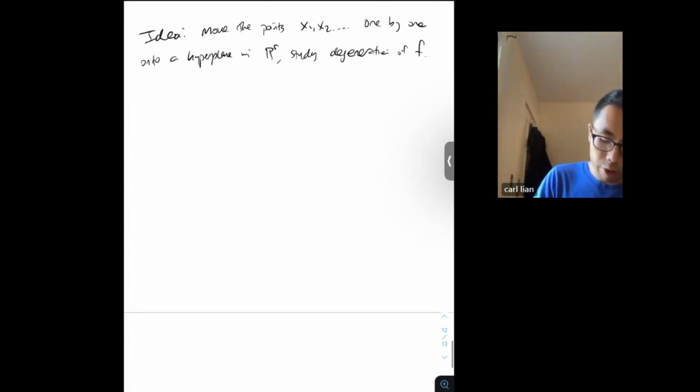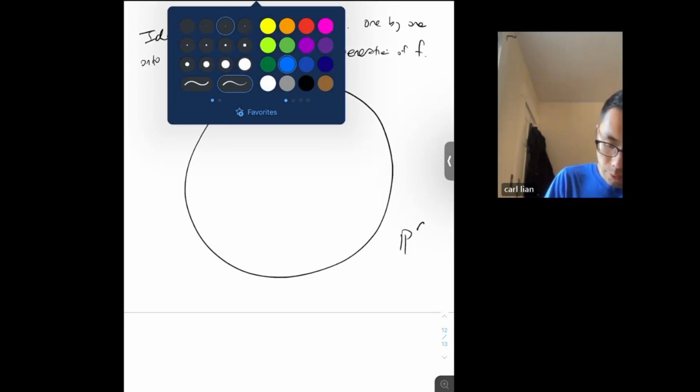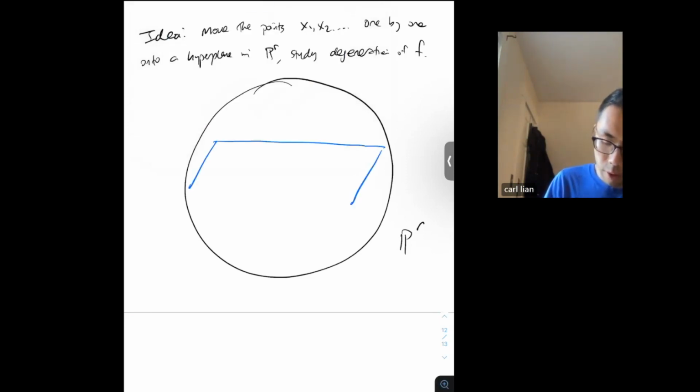So the picture is as follows. Maybe here's PR, and I'm going to fix some hyperplane. It's going to be my H. So H is, of course, isomorphic to PR minus 1.